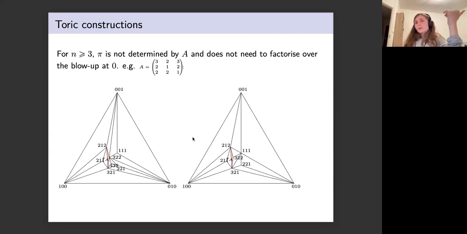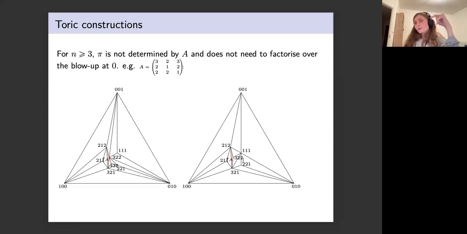Okay, so these are just two examples of two different realizations with the same germ. How do you see whether this factorizes over the blow up at 0? The blow up at 0 would be described as the fan where you only have (1,0,0), (0,1,0), (0,0,1), and (1,1,1), and the cones corresponding to all of this. So you connect all of these vertices together.